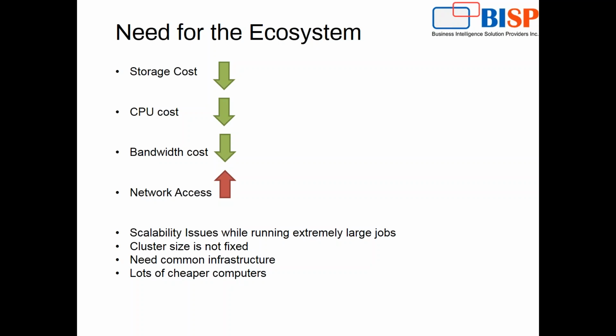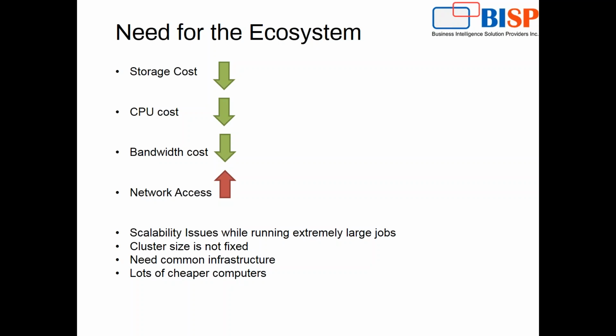Let's say that I have a 100 node cluster, and tomorrow I decide that I'm going to increase my capacity. I should be able to add nodes on the fly. It should not be that I need to reconfigure everything and start from scratch for adding 10 nodes or 50 nodes.